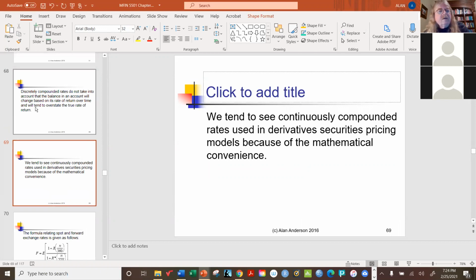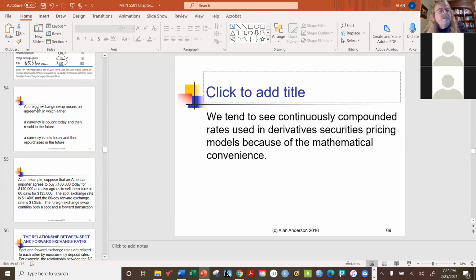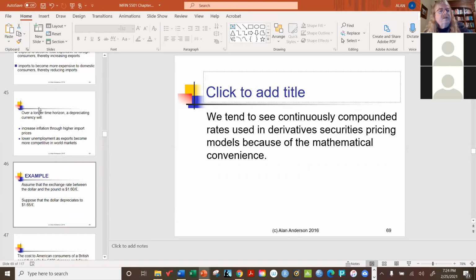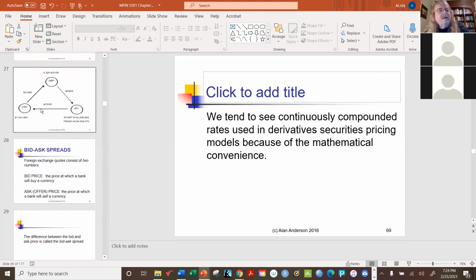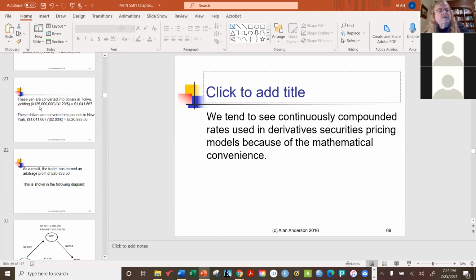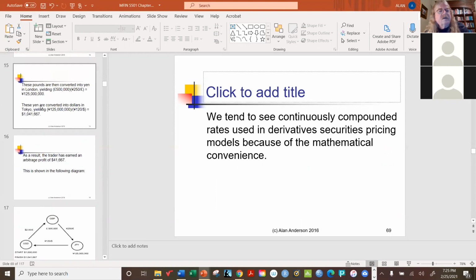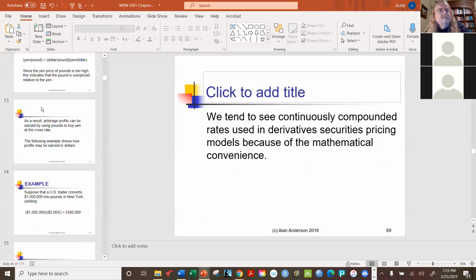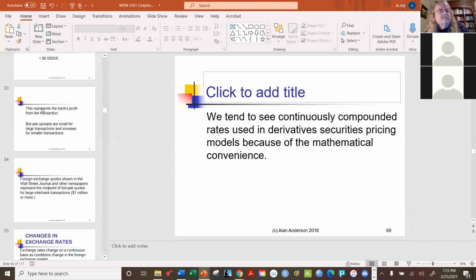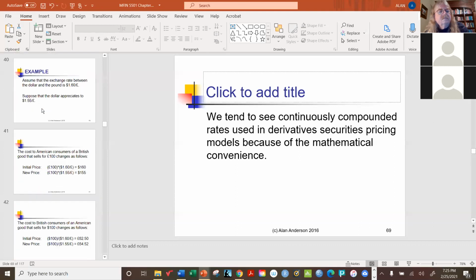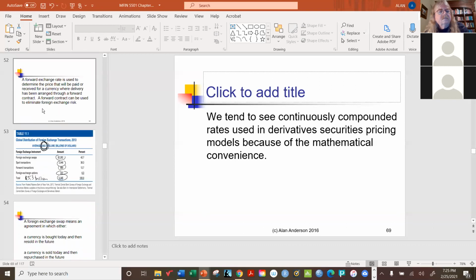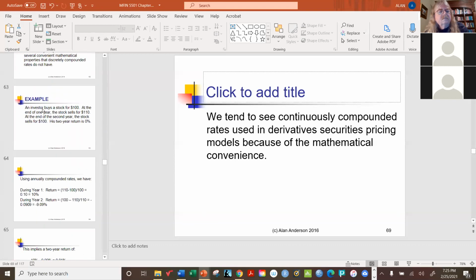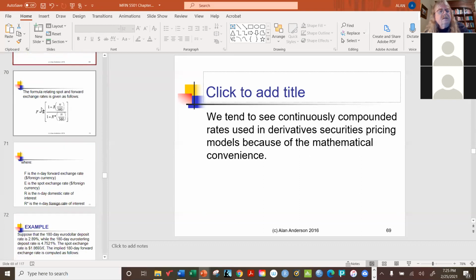Okay, now you might recall that last time, when we introduced forward exchange rates, I believe we did use continuously compounded rates to show the interest rate parity condition. Let me just go find it real fast. Maybe not.